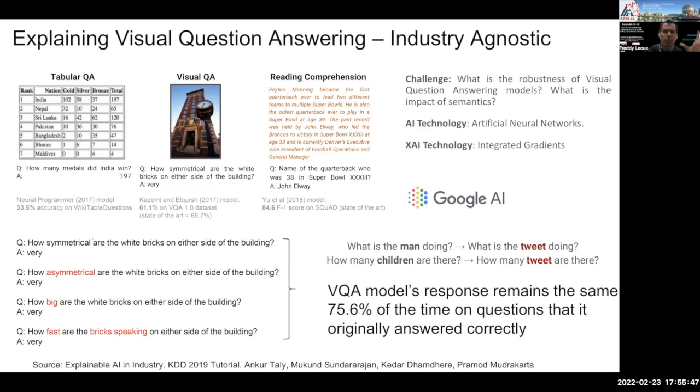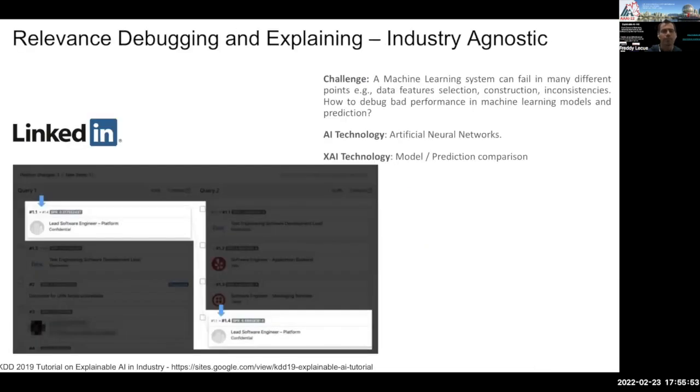I think the shortcut is a bit rough, but there is lots of work addressing and studying this topic. And there is more work from LinkedIn on debugging and explaining relevance, or scoring for a particular job, who might be the best, and then trying to find why that particular person has been ranked first for this particular job.